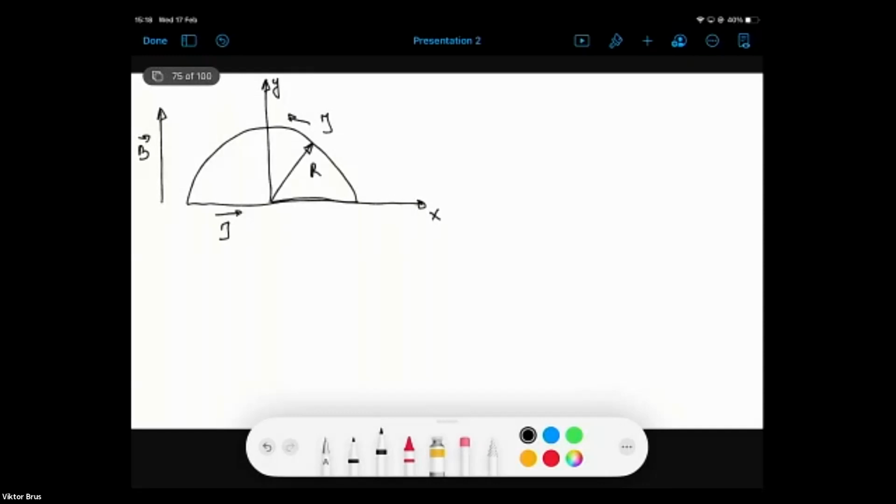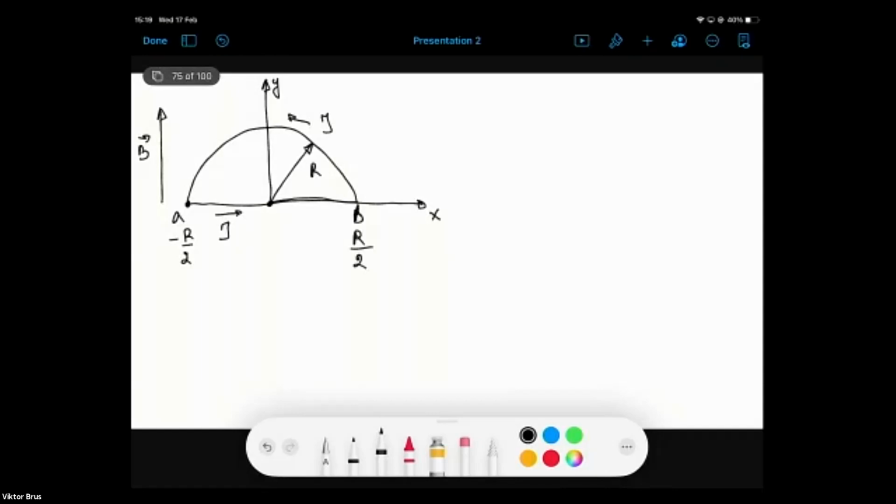But first, let us consider the first segment, which is a straight line. So again, we have two points, point A and point B. And here is 0 for x. So the coordinate of point A will be minus R divided by 2. And the coordinate of point B will be R divided by 2.